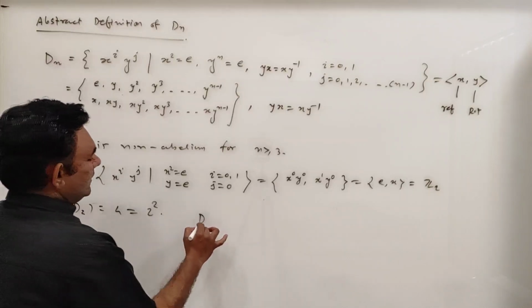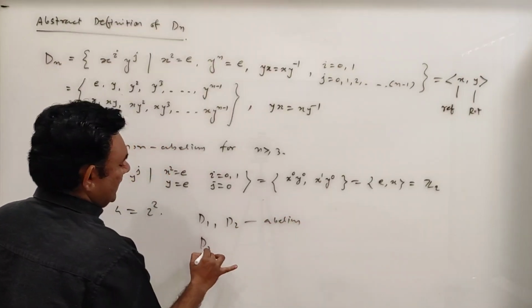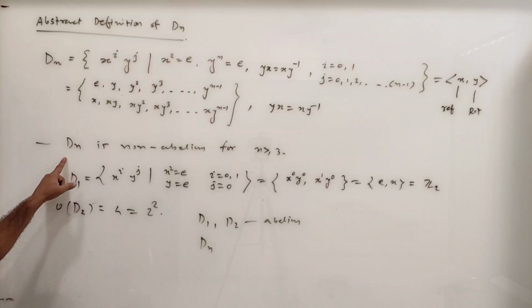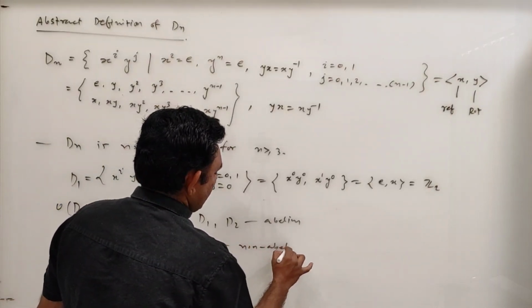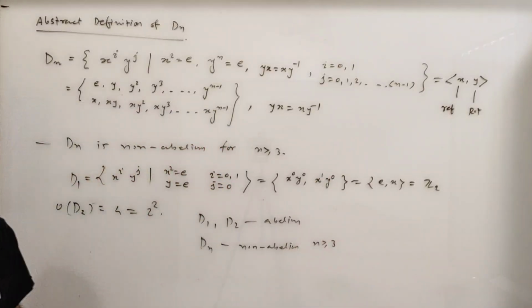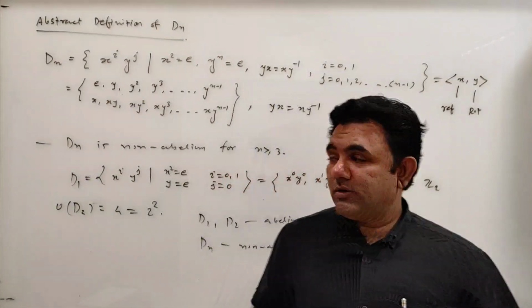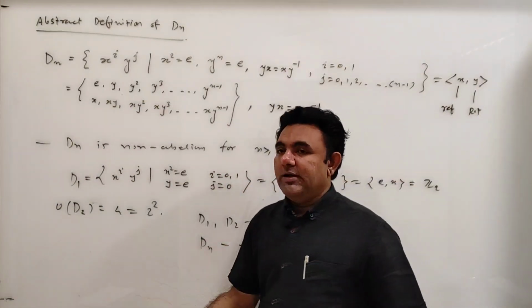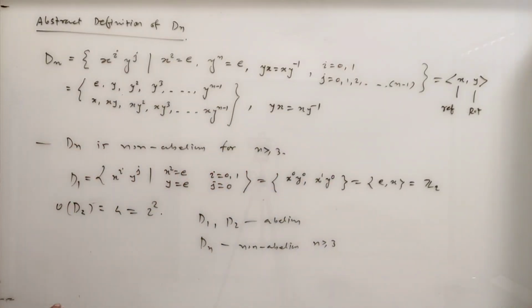So d1 and d2 are abelian, but for dn, here we have proved dn is non-abelian for n greater than or equal to 3. तो मतलब वो ग्रुप एलिमेंट कैसे है, कितने एलिमेंट है और उसका नेचर अबेलियन है कि नहीं है, that can be now clear for dn for all n belongs to N.